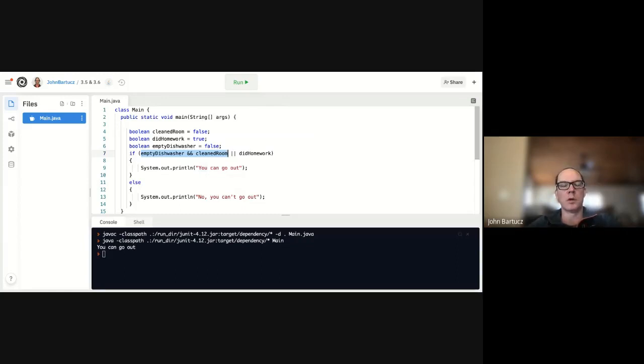So Java will evaluate these two things, and then it'll say, oh, here's another or, did homework. So if did homework is true, then it doesn't really matter whether this is true or not, because remember, either or. If I did my homework, then I get to go outside. It doesn't matter what these two are. Does that kind of make sense? They can try and trick you with that in the AP questions, so I want to make sure that that's clear.